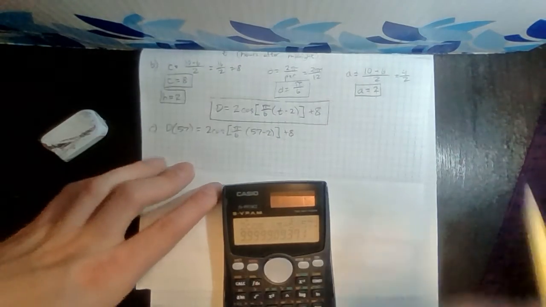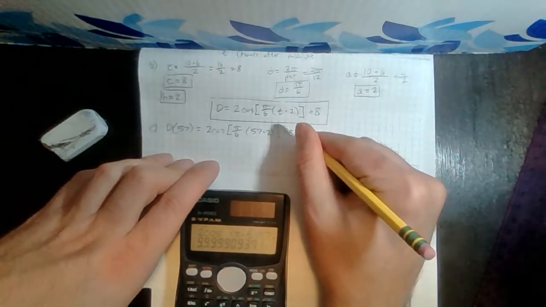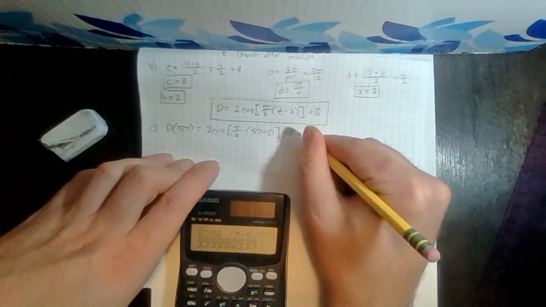So that is 9.9999, basically 10. Something's not quite right.